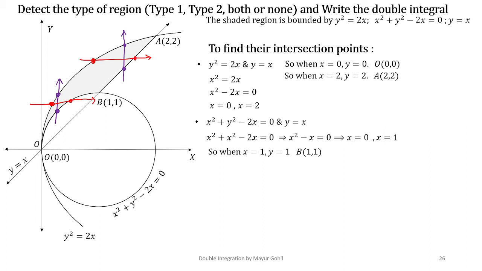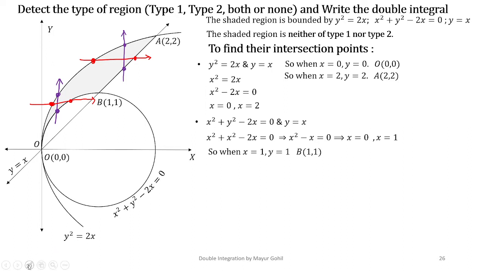In either case, whether we try to see this as type 1 or type 2, the writing of the double integral is going to split. So what conclusion we derive from this understanding of the diagram is that this region is neither of type 1 nor of type 2, because in either of the cases the entry point or the exit points are different, right? They are changing each time.